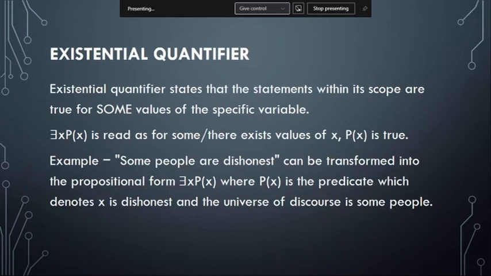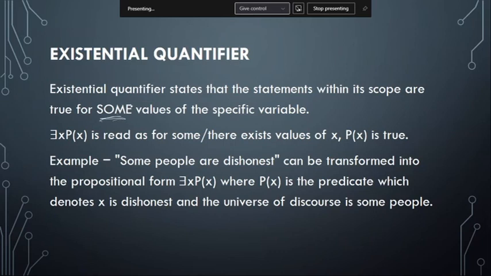Next is the existential quantifier. The existential quantifier states that the statements within its scope are true for some values of this specific variable.